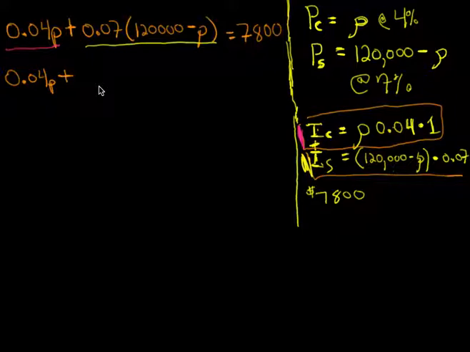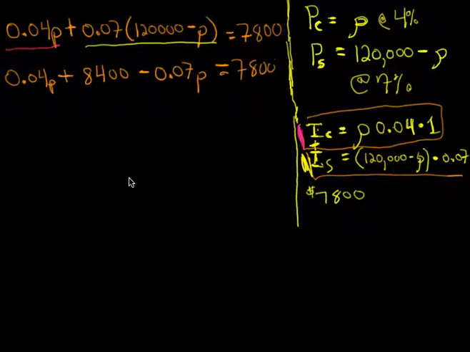So I need to run over to my calculator and multiply 7 hundredths times 120,000 to get the first term here. So that's 8,400 minus 0.07p equals 7,800.